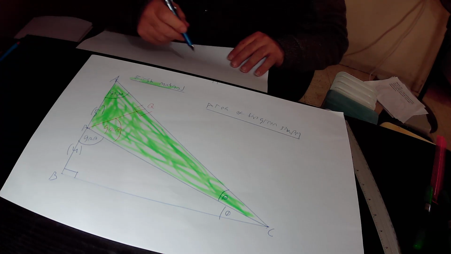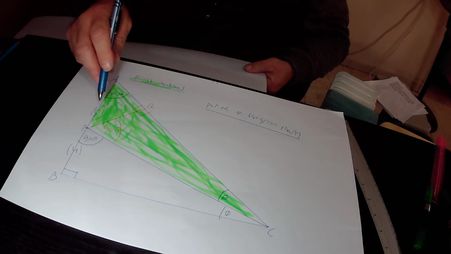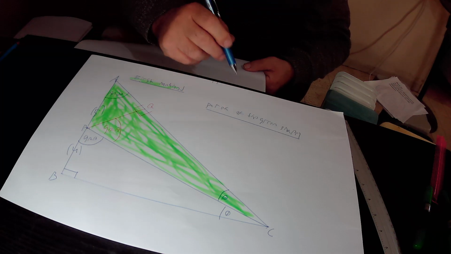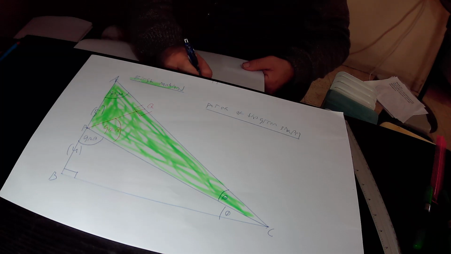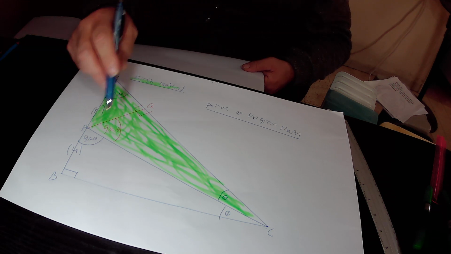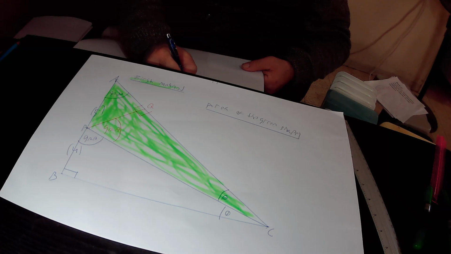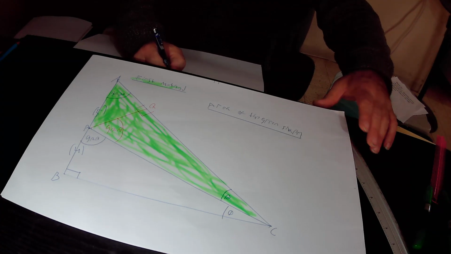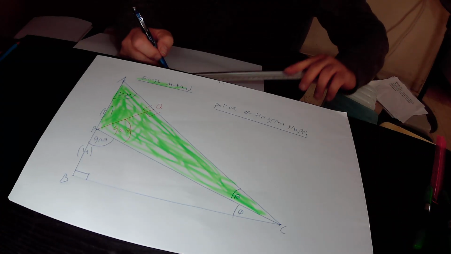So we have to prove that the upper green triangle PQC can coincide with the lower right triangle PBC according to the angle side angle rule.